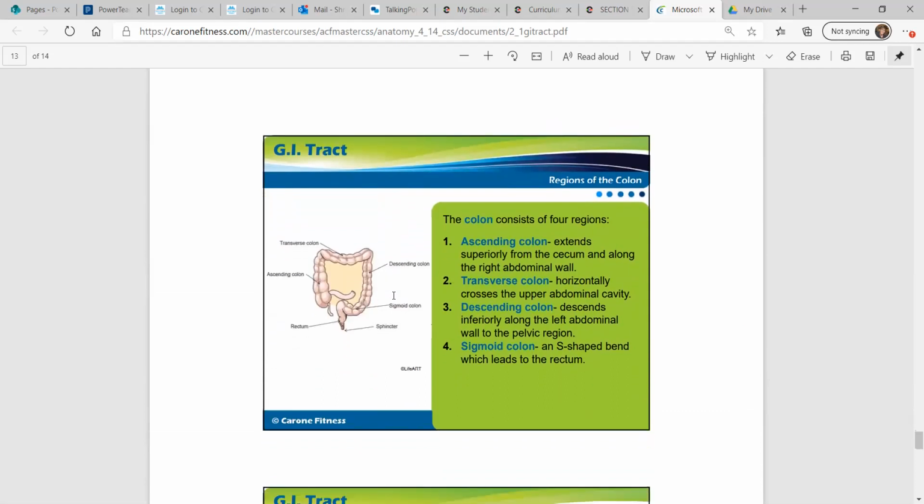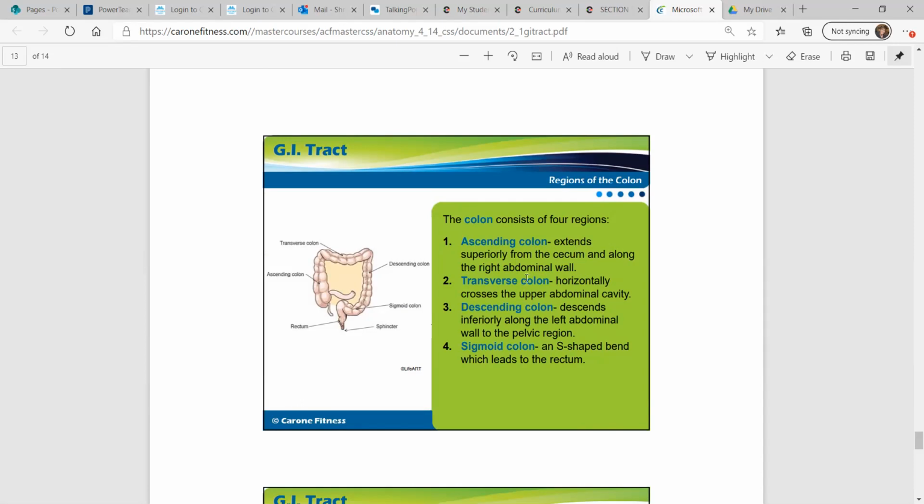The colon consists of 4 regions: ascending colon, transverse colon, descending colon, and sigmoid colon. Now, the ascending colon extends superiorly along the right abdominal wall.